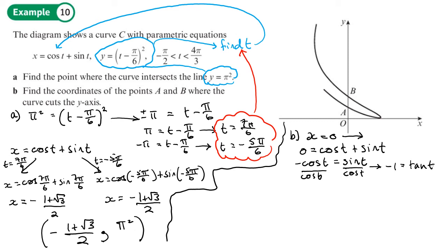So let's do the tan inverse of negative 1 to find out what t is. And we get negative π/4. But because of the range in the values of t here, there could be another value of t that solves this equation. So we need to do a CAST diagram.